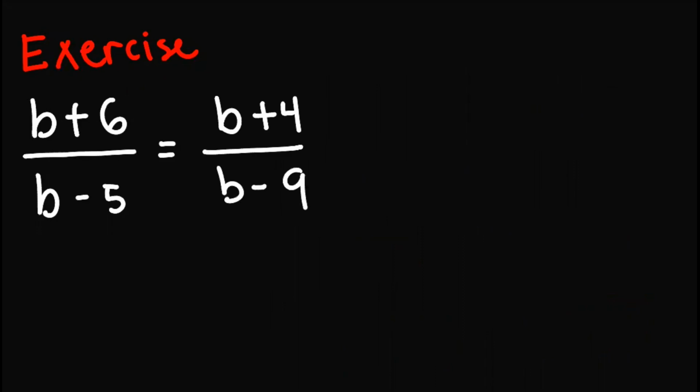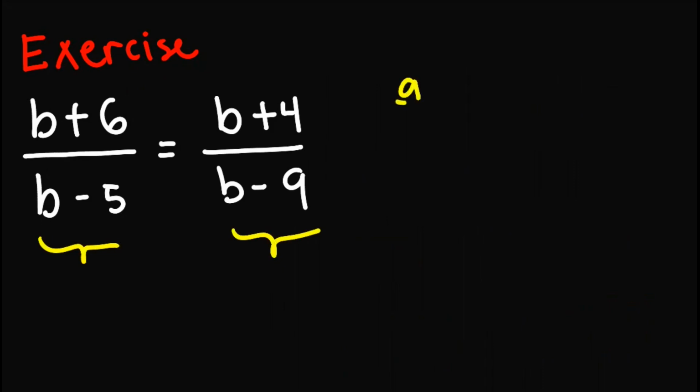Again, the first step is to determine the domain before applying the cross multiplication. Also, note that the cross multiplication method is only really useful if we have a single expression on the left and a single expression on the right side.